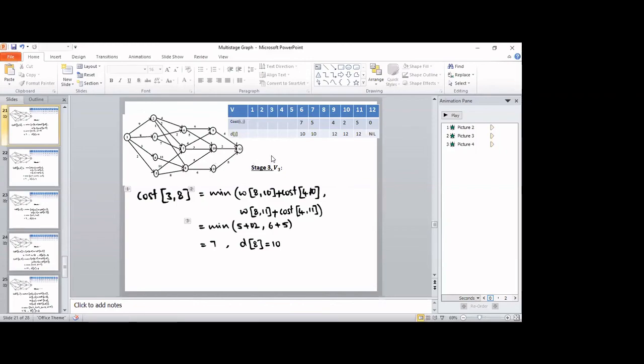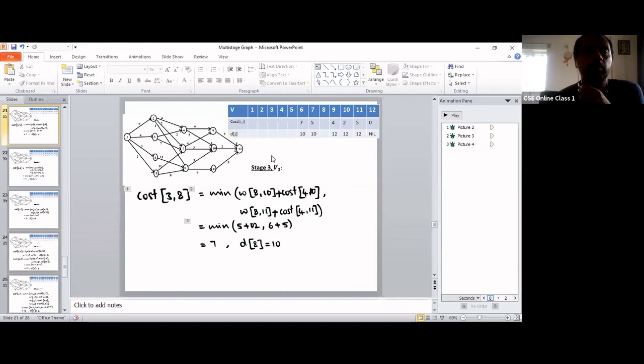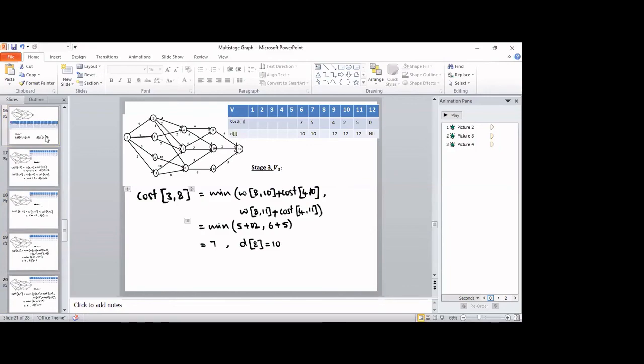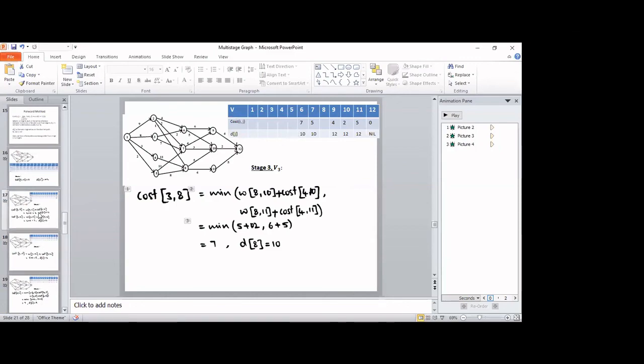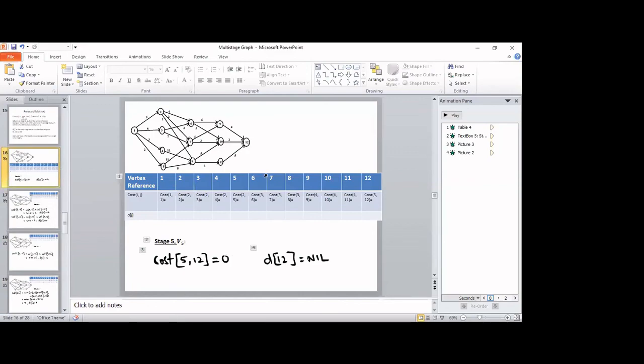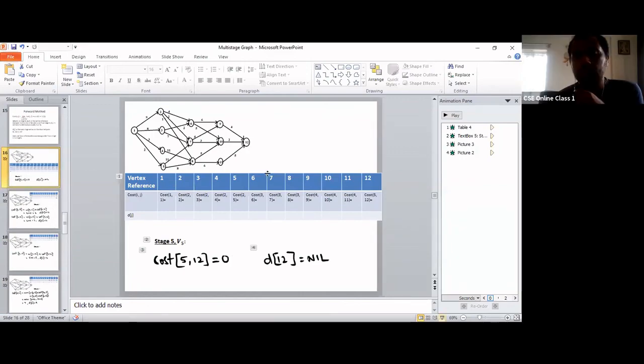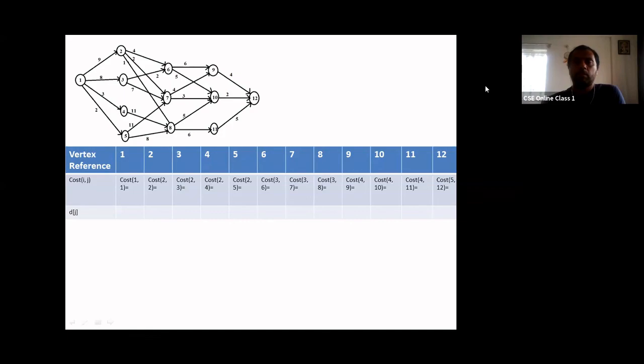Yes, sir. Sir, we'll send the material, no, sir? Yes, send it. I think they would have noted it down by now. They have to write the solution, right? Yes, they need to write this down. You show the first slide, sir. Let them copy down the graph, if anyone has not copied.